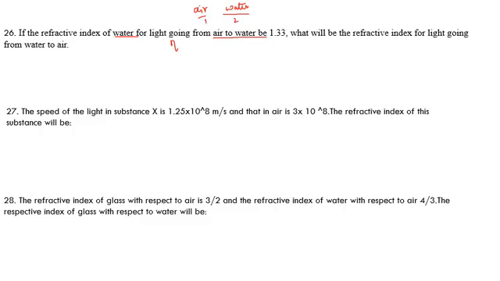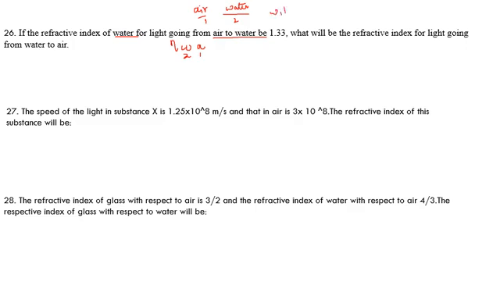In this case we are going to take the second medium first, that is, we are going to take the refractive index of water with respect to air, W A, or you can write 2 1, right? And when you write this, what do we mean by with respect to?